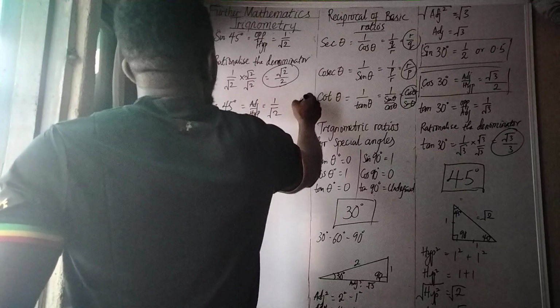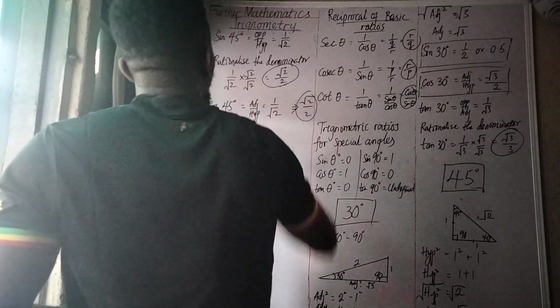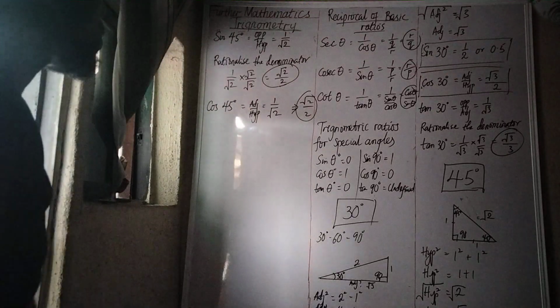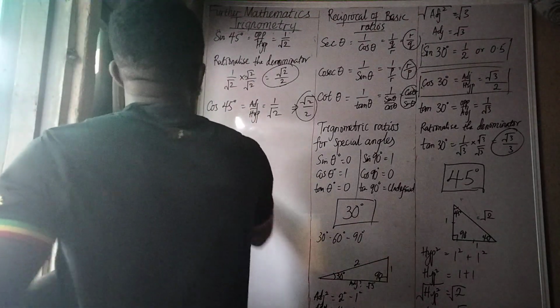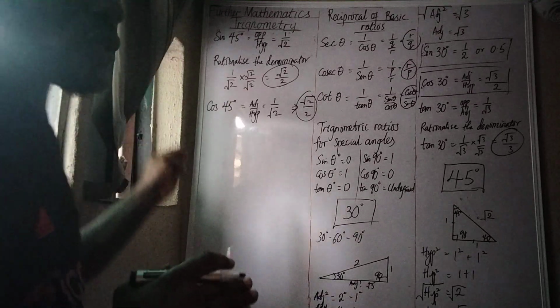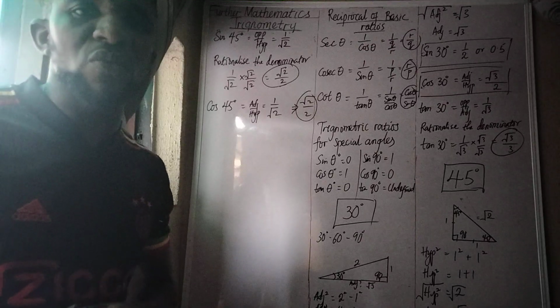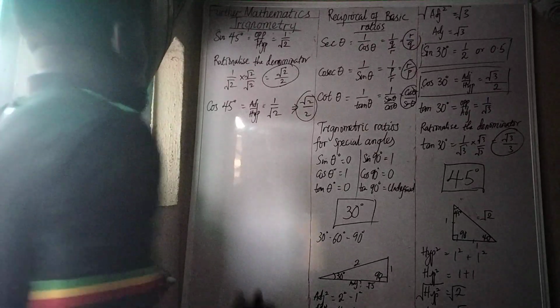Apparently it will give us the same thing, root 2 over 2, or we leave it as 1 over root 2. Let's see if there will be any difference in tan 45 degrees, since cos and sine 45 degrees are giving us the same thing.